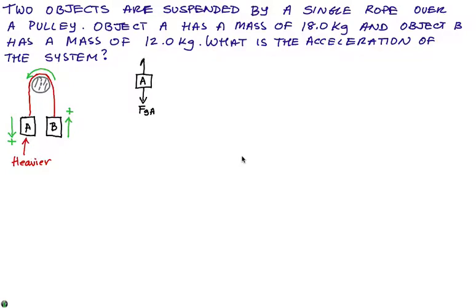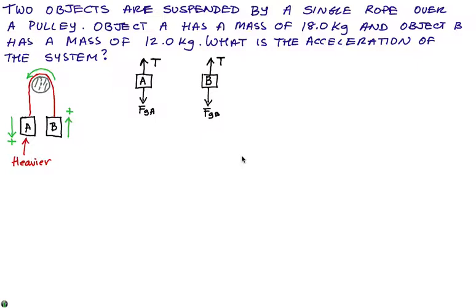And we have tension of the rope pulling upward. Those are the only two forces acting on A. B also has gravity going downward, FGB, and it also has the rope pulling B upward.